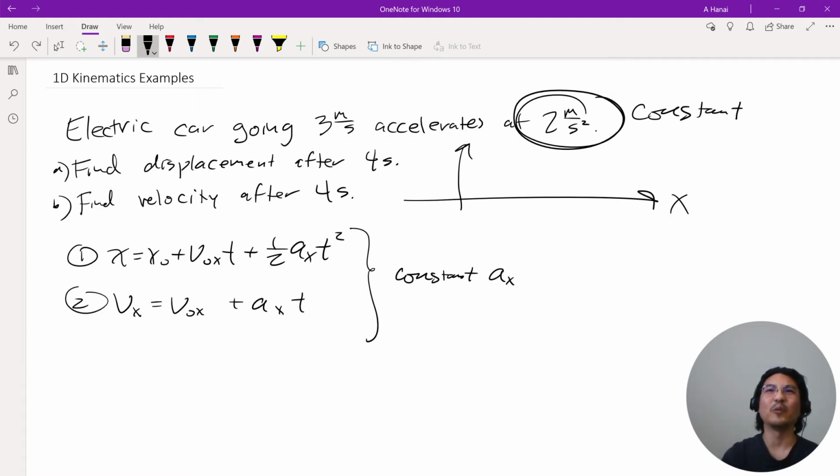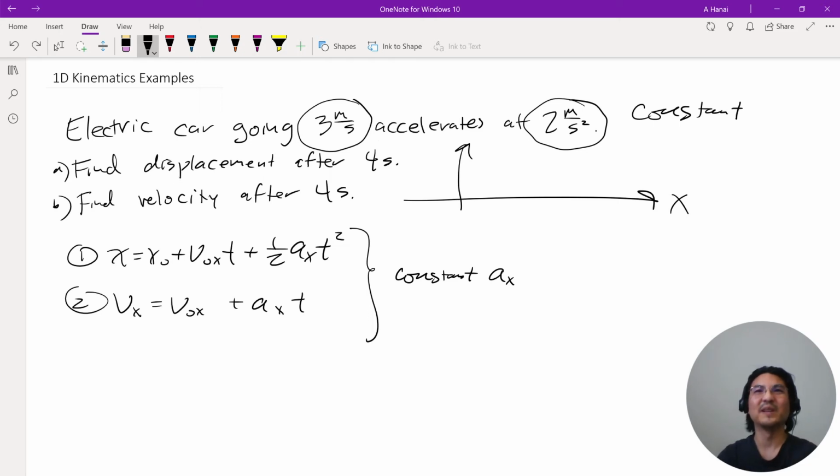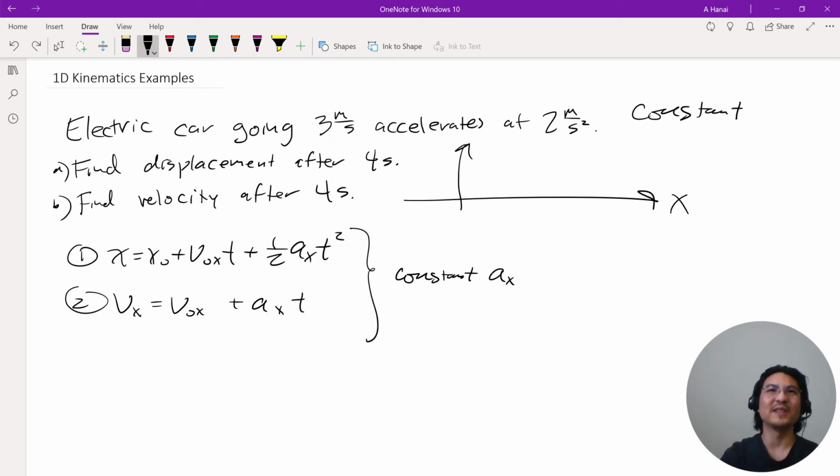Now you look at what information is provided to me. I know this is velocity, this is acceleration, I have time, I'm looking for displacement. So look at your formulas and figure out what you know and what you don't know.